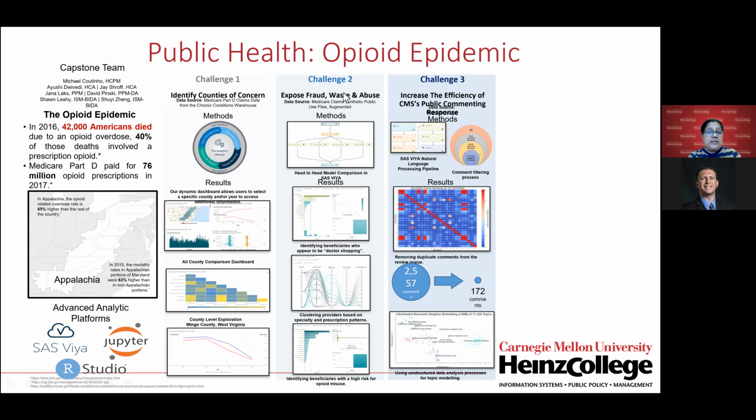The second was that Medicare is really concerned. This is the Centers for Medicare and Medicaid Services, part of the Health and Human Services Agency, and they are really concerned about fraud, waste and abuse in the prescription of opioids. So 76 million is a very large number of prescriptions to be written in any year.